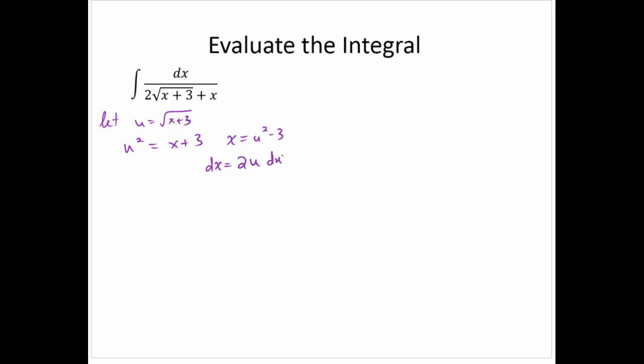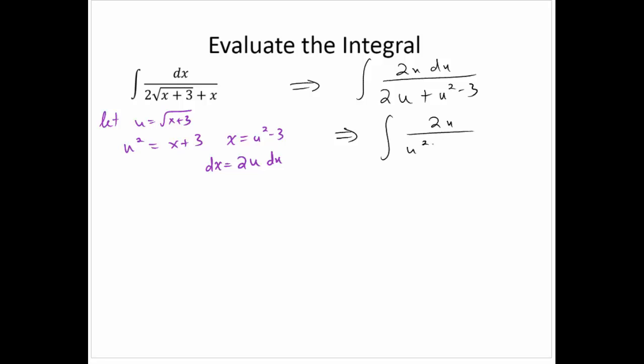After we make that substitution, I would have the integral of 2u du over 2u plus u squared minus 3. If we clean this up a little bit, that's the integral of 2u over u squared plus 2u minus 3 du.